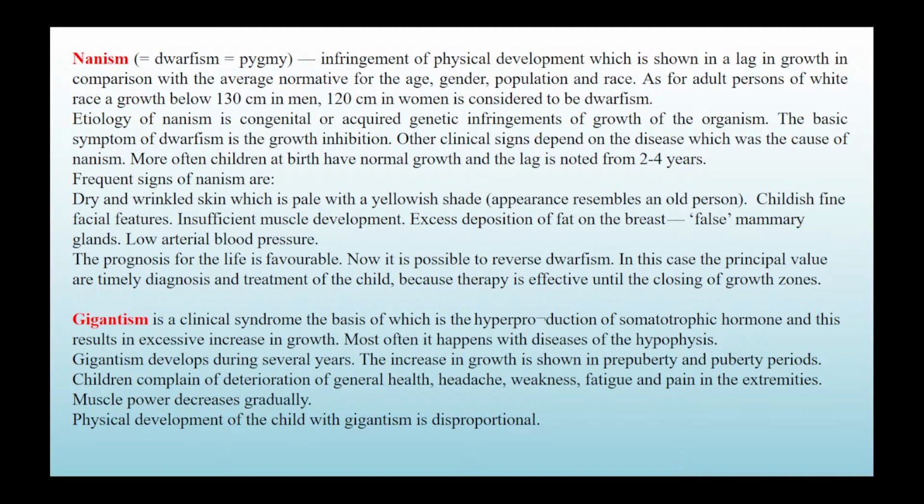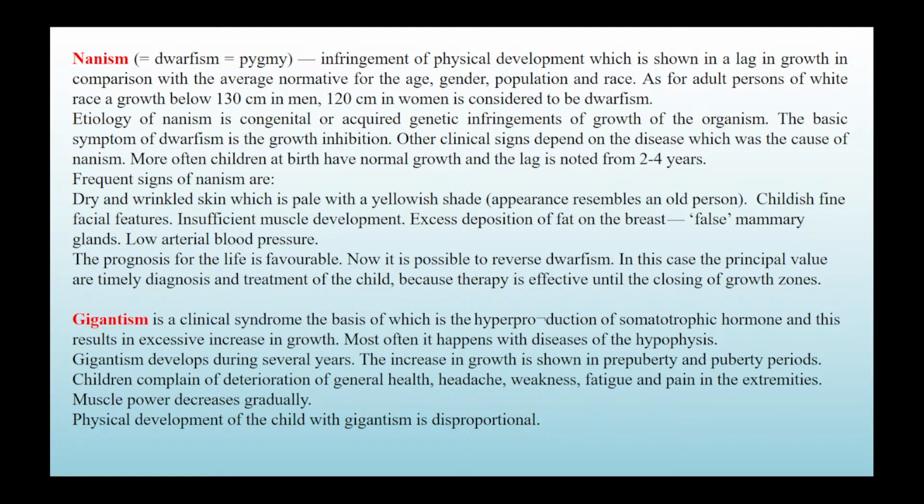The prognosis for life is variable. Now it is possible to reverse dwarfism. In these cases, timely diagnosis and treatment of the child are of principal value, because therapy is effective until the closing of growth zones.